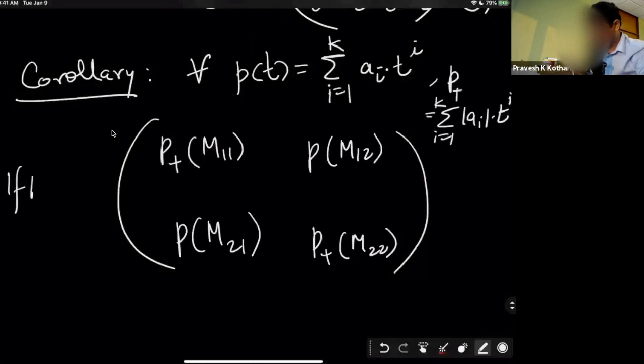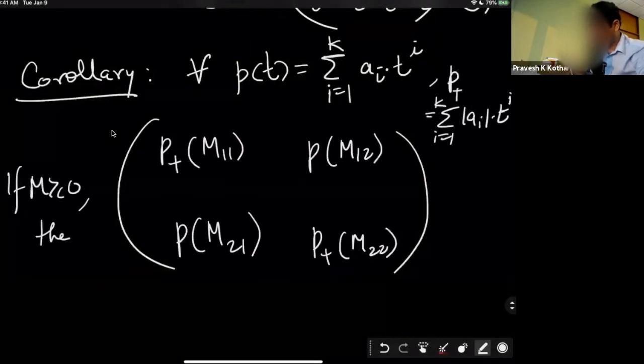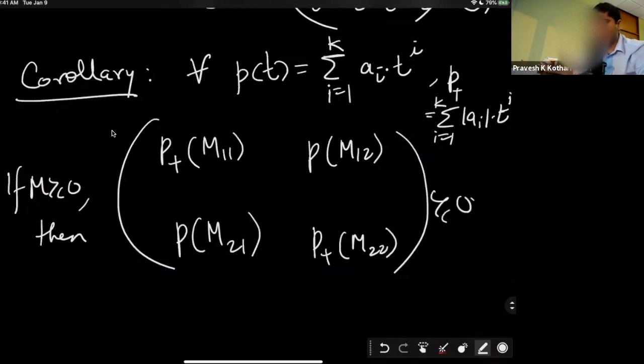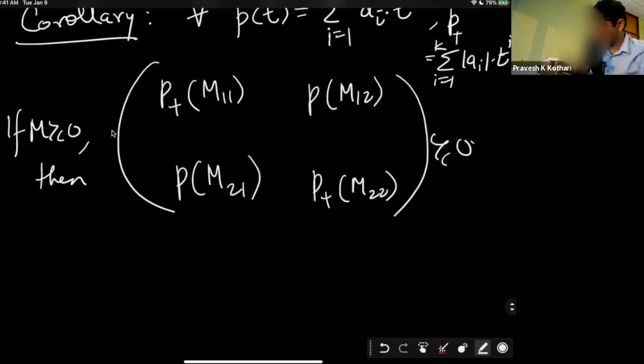If M is PSD, then so is this guy. Okay, makes sense. Again, feel free to stop me and ask questions. I'm more or less done with a couple of observations now. So if you have any questions, feel free to stop me.